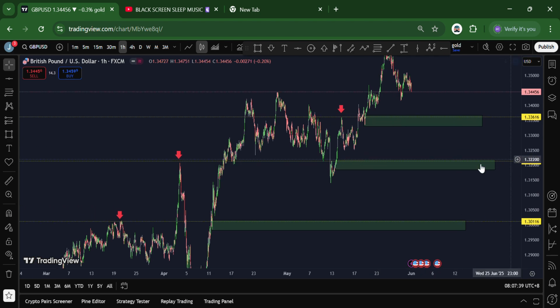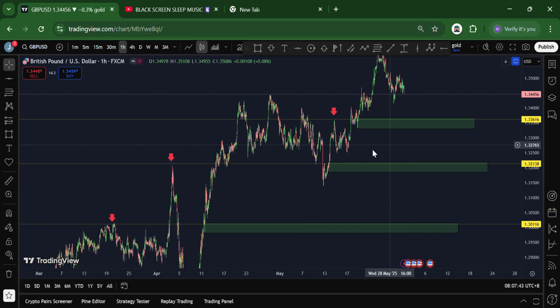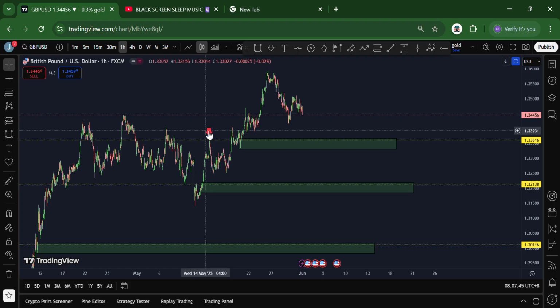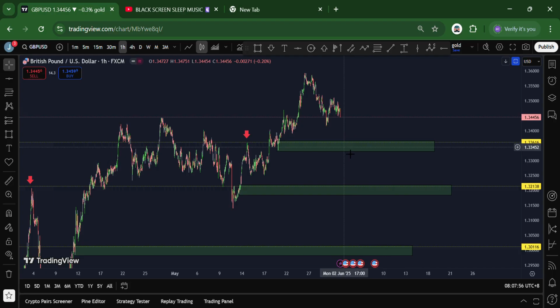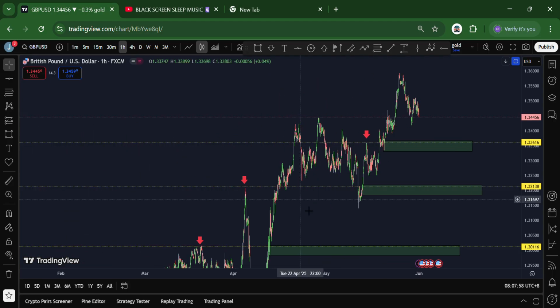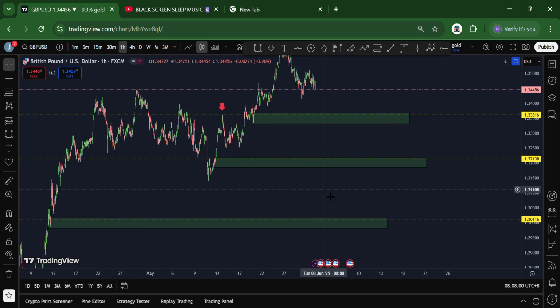Just imagine, if this resistance is very strong, it won't be easy to break. The only way such a resistance can be broken is through an equally strong demand. A strong resistance can only get broken by a strong demand.